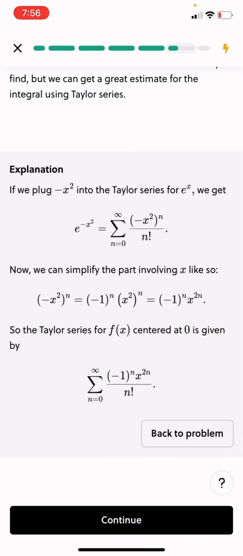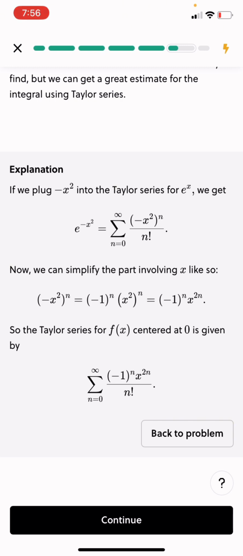We plug -x^2 into the Taylor series for e^x. We get e^(-x^2) equals the sum from n equals 0 to infinity of (-x^2)^n over n!. Now we can simplify the part involving x like so. We could simplify it to (-1)^n x^(2n) over n!, or these other forms.